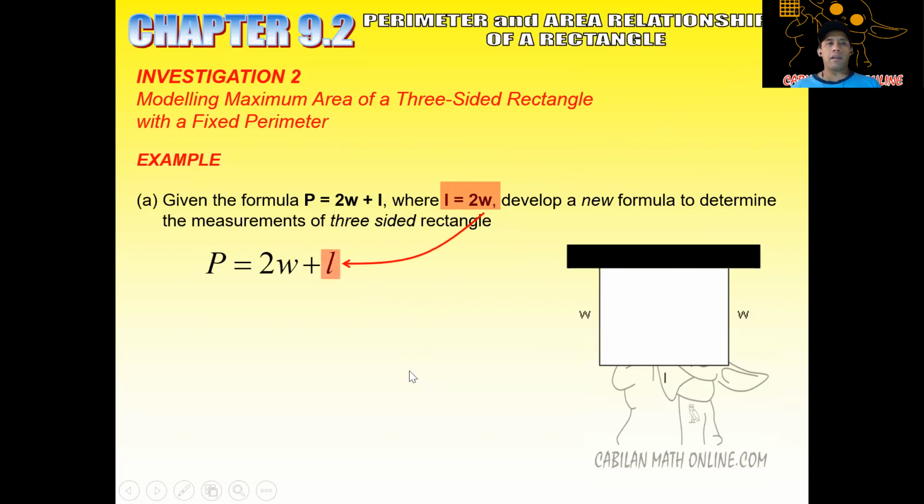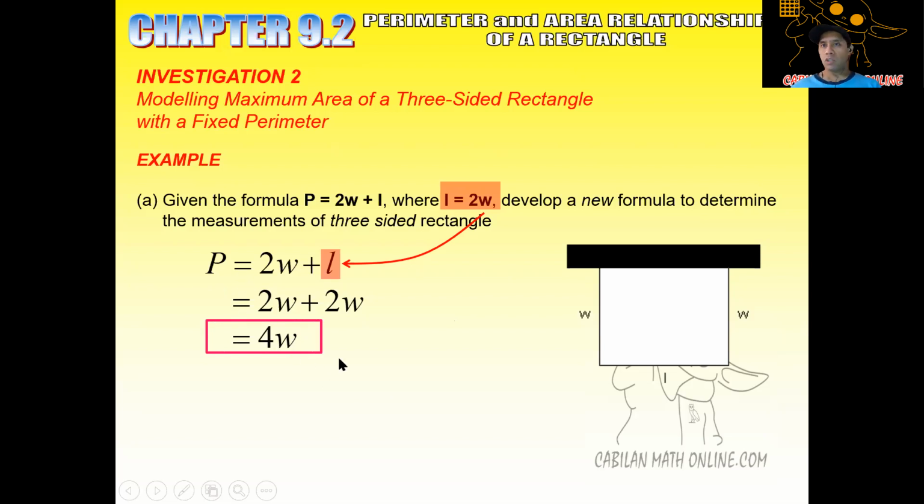Based on what we saw in the previous investigation, the length is always twice the width. So when I replace this L with 2W, I get something that looks like this. And for the last step, we're just going to gather the two terms, and we get P is equal to 4W.